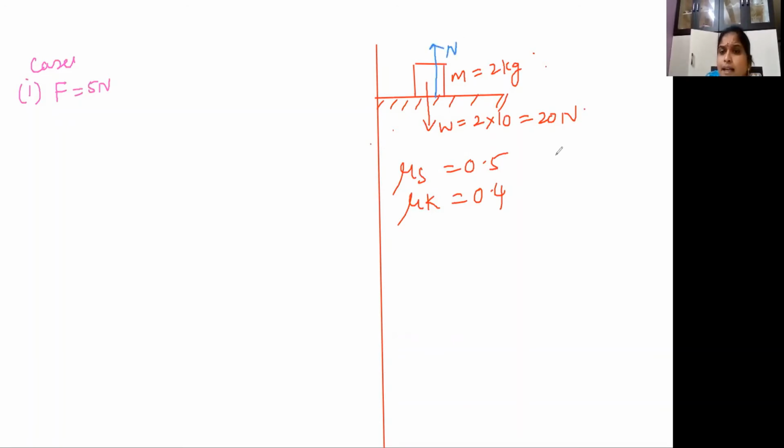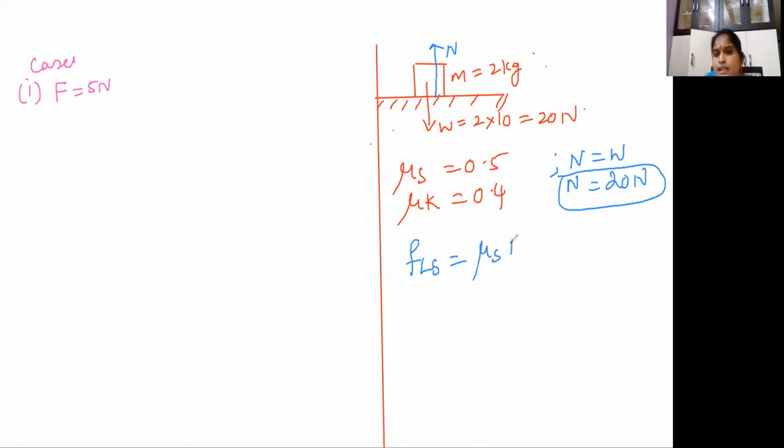Normal is nothing but equal to weight in this case, which is 20 Newton. Now we'll calculate limiting static friction, which is mu s into normal. So that is 0.5 into 20, which is 10. So 10 Newtons is the limiting static friction.